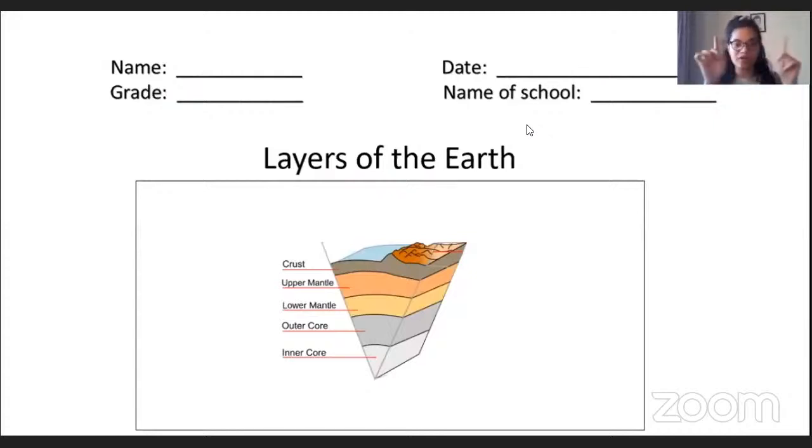Okay, what we do next is draw a rectangle, and inside your rectangle, you're going to draw the cross section. Now, this cross section is a little different, so we are going to draw it in a V pattern. Okay, you'll have the water, the mountains, and then comes your first layer, that is the crust. Next is the upper mantle, the lower mantle, the outer core, and the inner core.